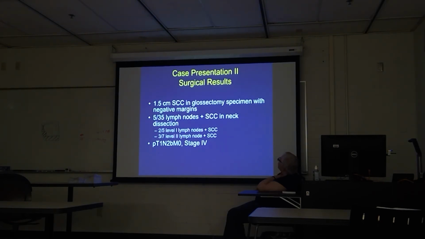So 1.5 centimeter squamous cell carcinoma, a glossectomy specimen with negative margins. So 5 out of 35 nodes are positive for squamous cell carcinoma in the neck dissection. 2 out of 5 level 1 lymph nodes squamous cell. 3 out of 7 level 2 lymph nodes squamous cell.